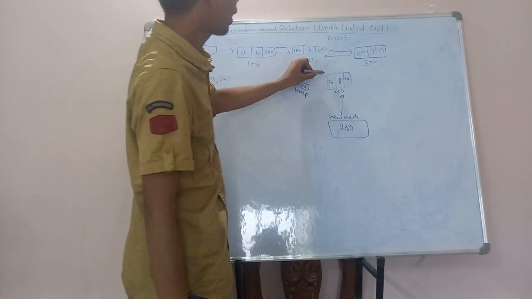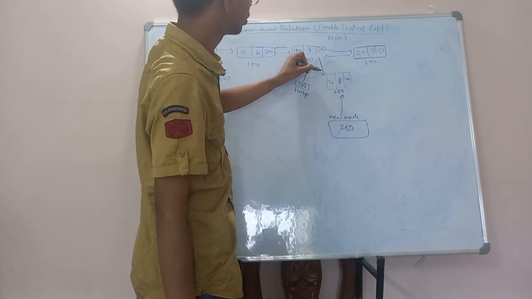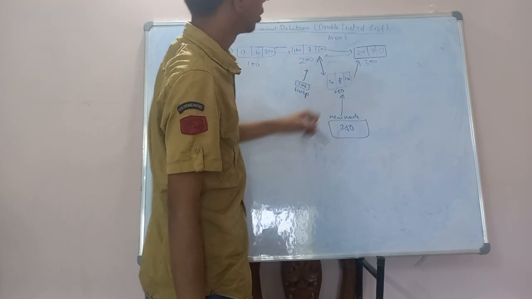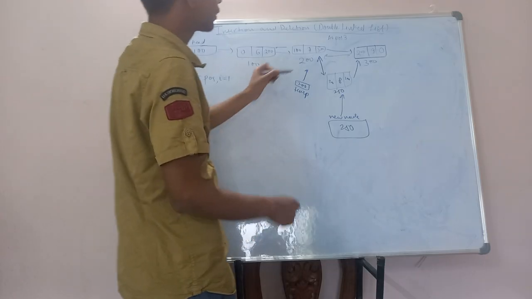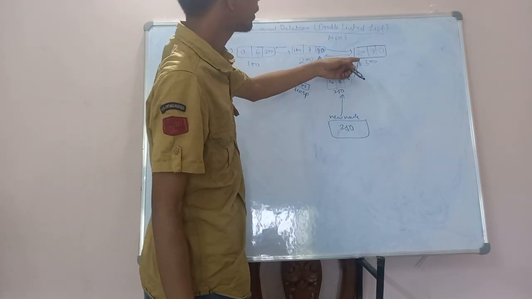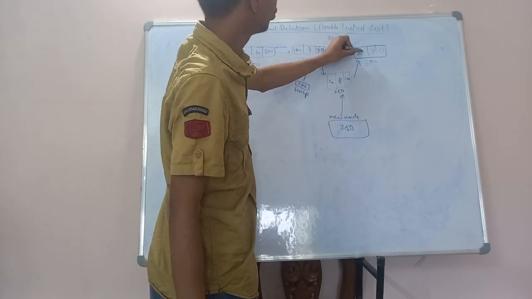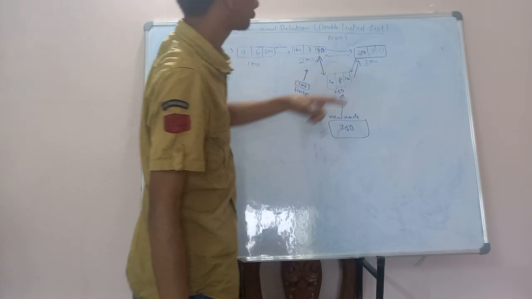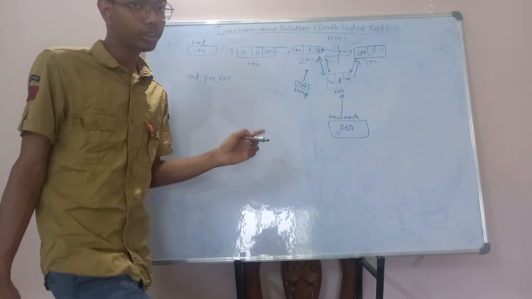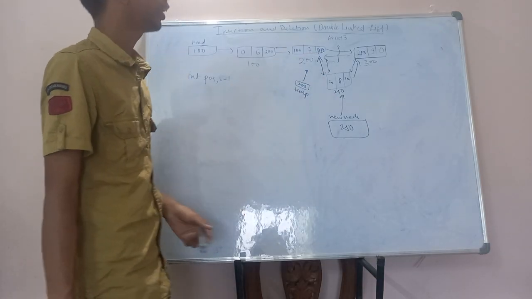I would be able to create the links, where I inserted 250 here and 250 here, and my node is inserted.